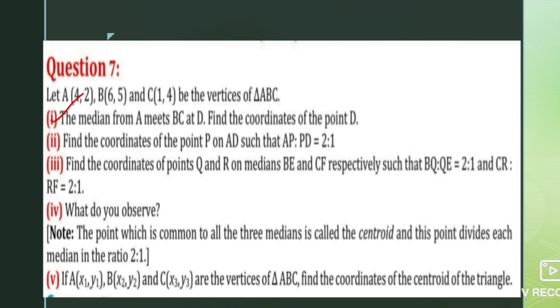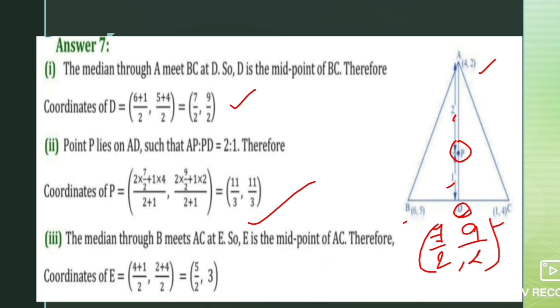Now the third part: find the coordinates of the points Q and R on the medians BE and CF respectively such that BQ is to QE is equal to 2:1 and CR is to RF is equal to 2:1.